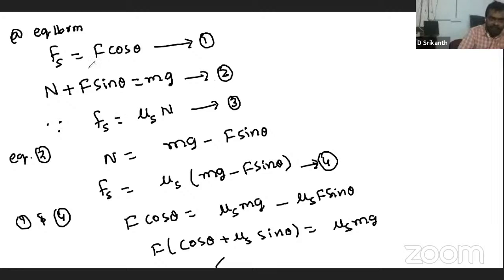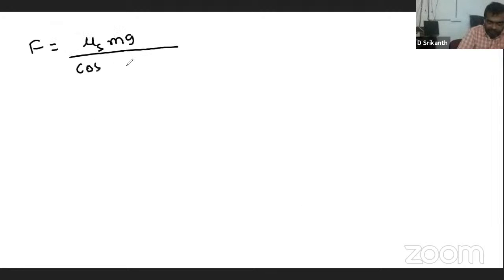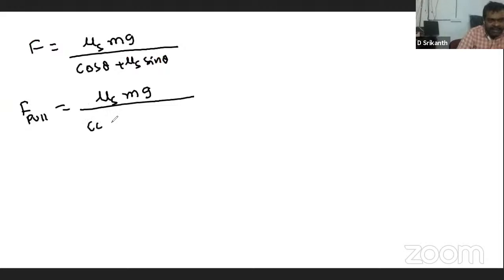So F is equal to mu s mg divided by (cos theta plus mu s sin theta). This much pulling force is required for the object of mass m, pulled at an angle theta with respect to the horizontal surface.